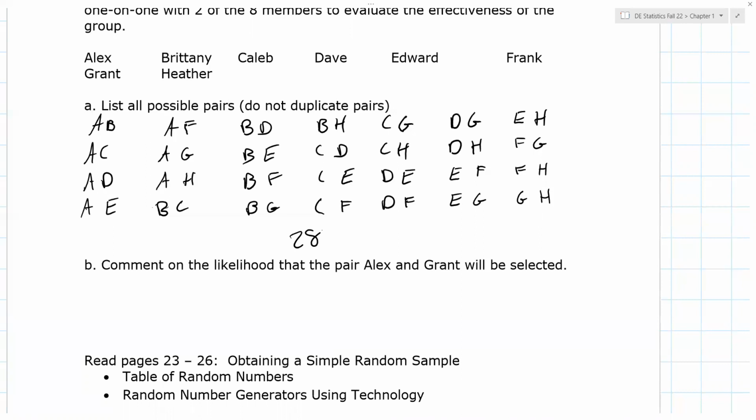How many of those pairs consist of Alex and Grant? One. There's only one group that is Alex and Grant. It says not to duplicate, so there's only one. Next, how many total pairings are there? How many different options are there? There's 28. So the likelihood of Alex and Grant being selected is 1 out of 28.